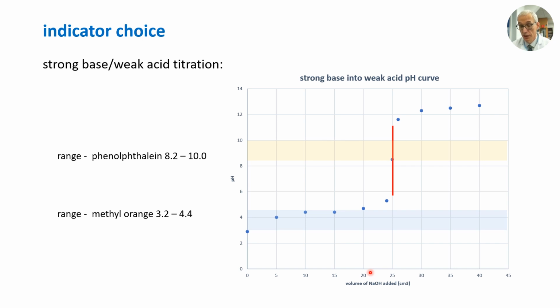So methyl orange will not change color on the addition of 1 or 2 drops, nor will its color change indicate the position of the equivalence volume. So only phenolphthalein is suitable, as its indicator range matches the vertical section of the pH change curve.